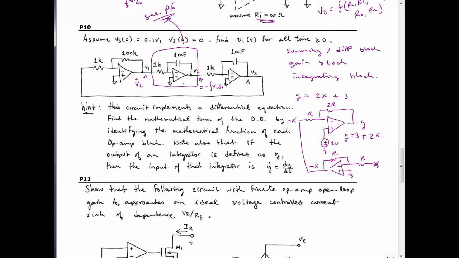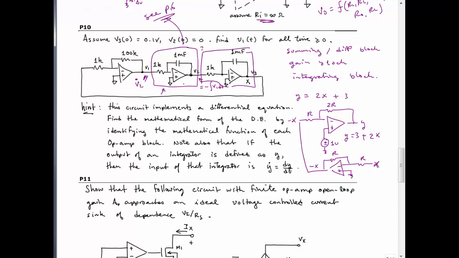And you have to think about that for a second. But if this block right here takes the integral of whatever goes in, then if we feed it V2 dot and we take the integral, then what we get out is the integral of the derivative of V2. So we just get V2 out. Okay? And you notice that you have 2 of these, right?